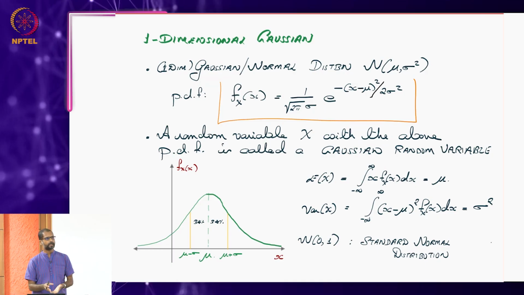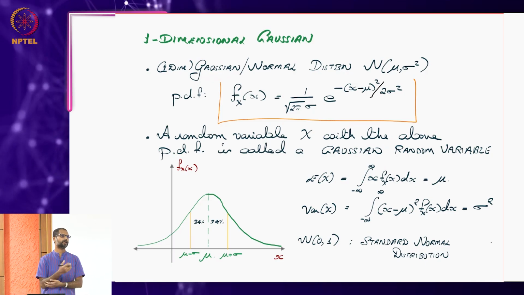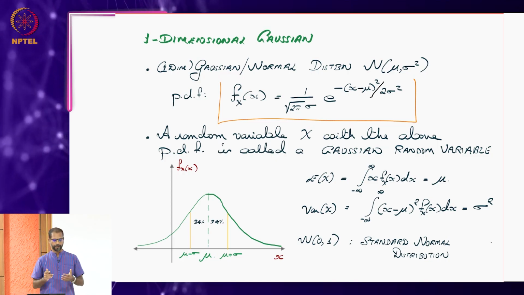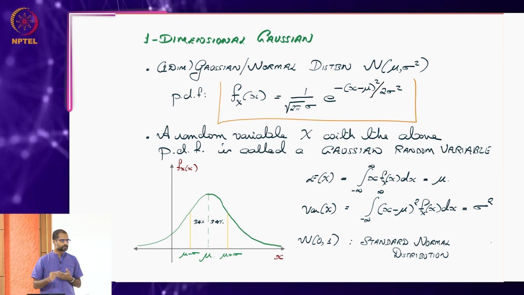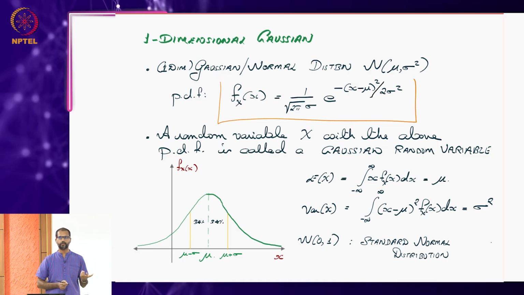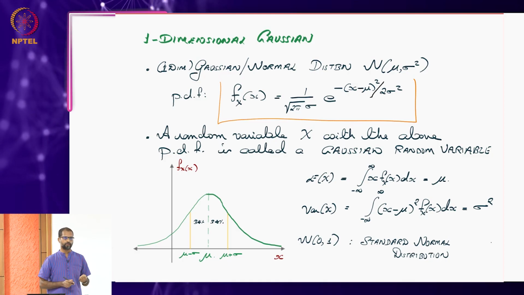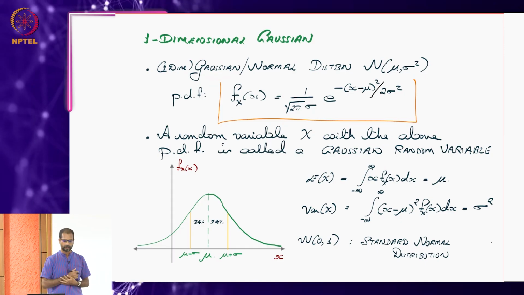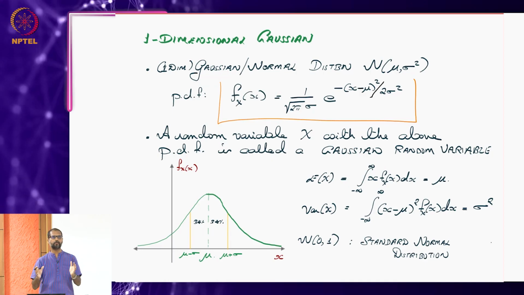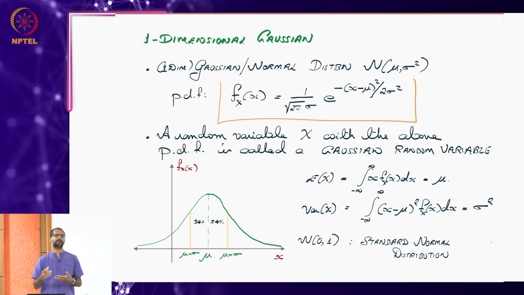So, in particular, the height of this curve can be much larger than 1. It is a density, it is not like a probability which is at most 1. The mean in this case also happens to be the highest point in the curve. It is not necessary that every distribution has that property. In fact, the peak of the curve is called the mode. In the Gaussian, the mean and mode are the same, and something like 68% of your probability is within the mean plus or minus 1 standard deviation.